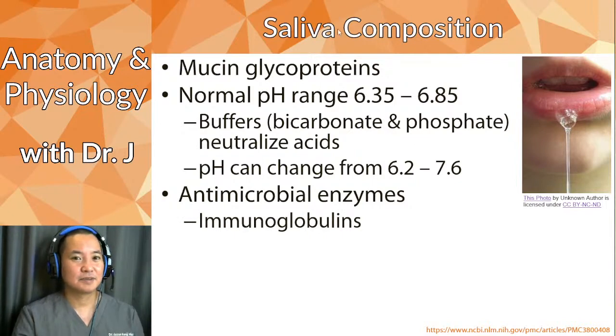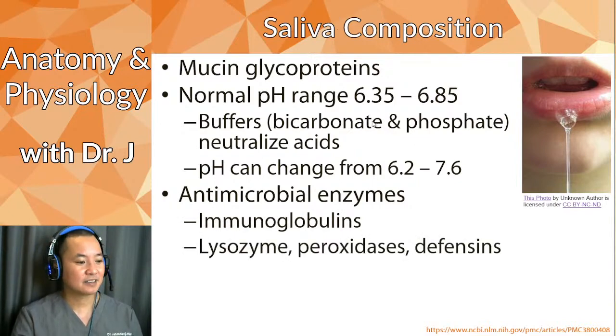So you find things like immunoglobulins, aka antibodies. You also find all these enzymes that help to dissolve or impede or kill bacteria and other microbes and prevent them from hitching a ride with your food and causing disease further on as the food travels throughout your body.